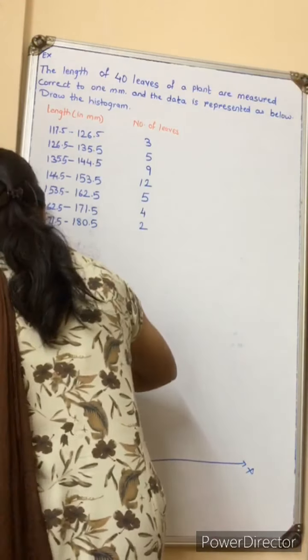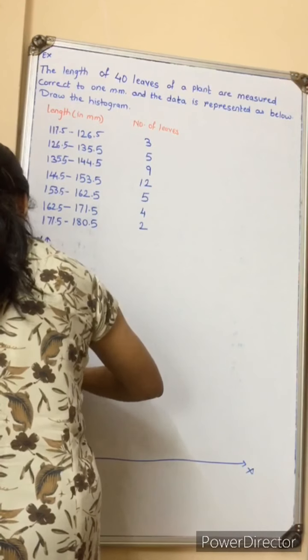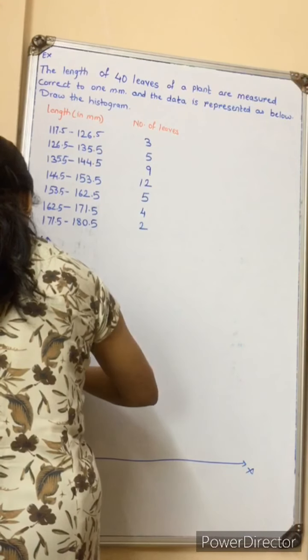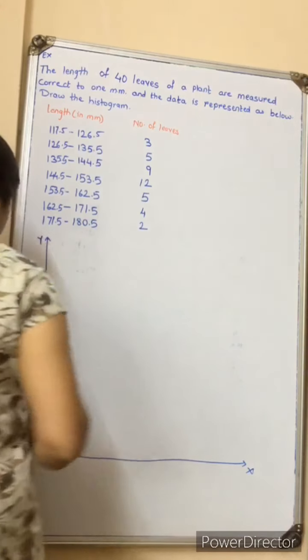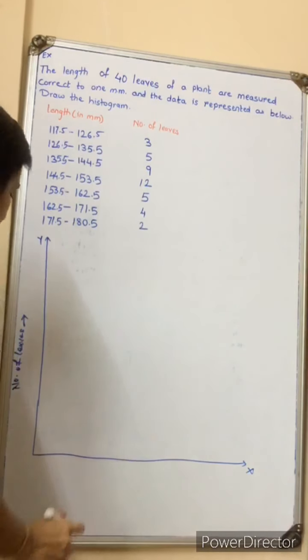You may write number of leaves here. And on the x-axis it is length.